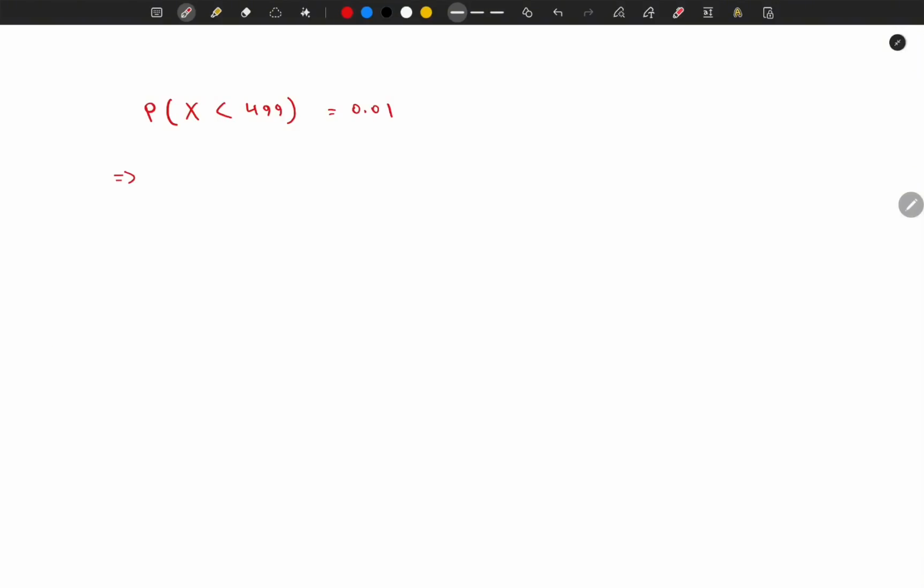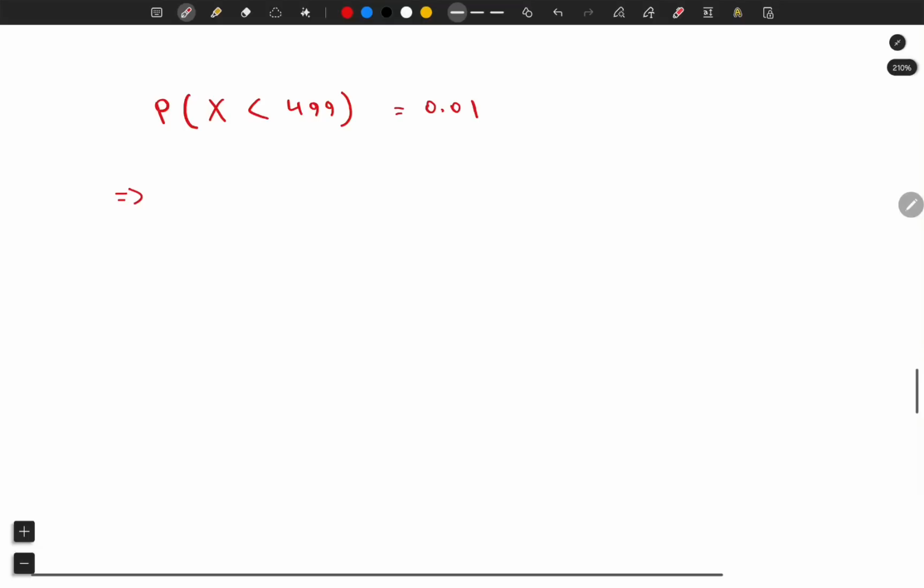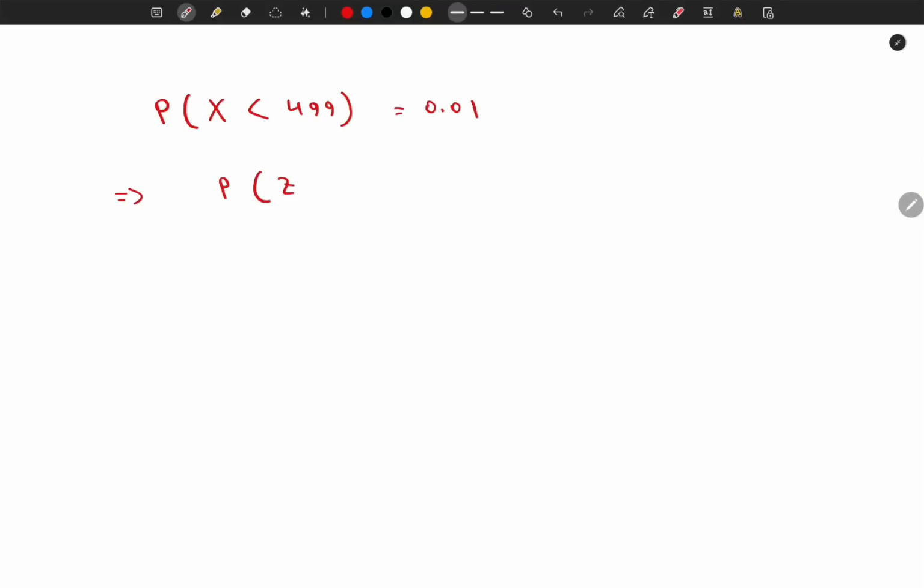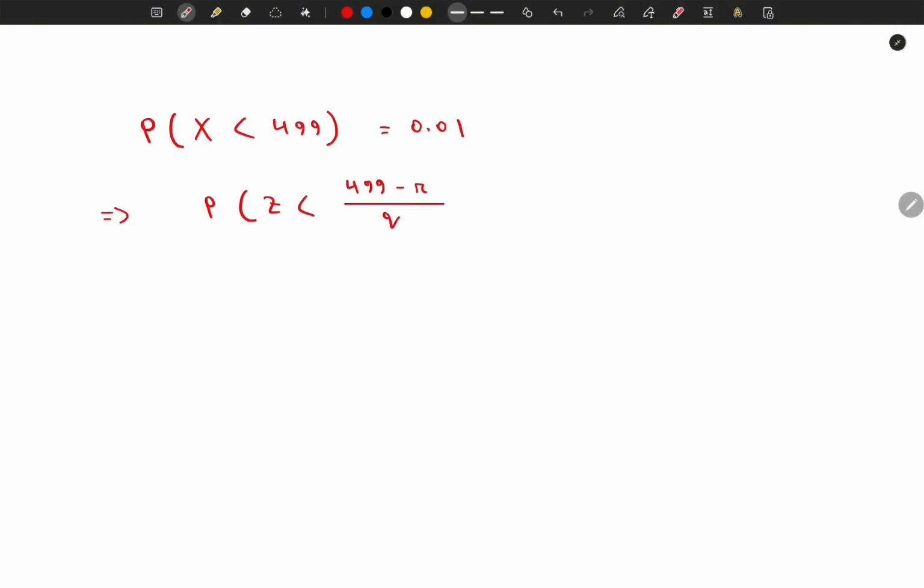Now let's convert this value of x into z. So probability z is less than 499 minus the mean, which is R, divided by the standard deviation, which is Q, is equal to 0.01. And now, as you can see, the probability is 0.01, which is less than 0.5. That's why we need to subtract 1 from it. So it will give us an answer of negative 0.99.